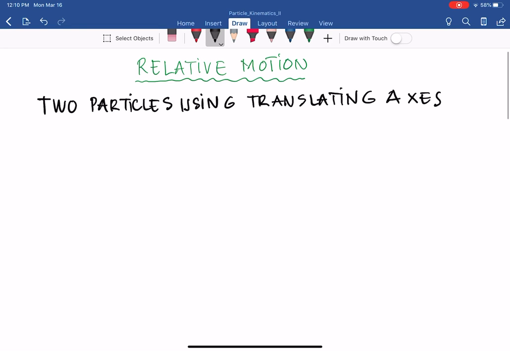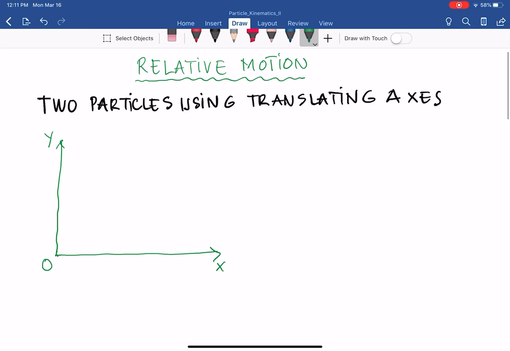So let's talk in 2D. We have two axes, X and Y, and the origin is O. We have two particles, particle A and particle B. And just like in 2D forces or 3D forces, we talk about the position vector.